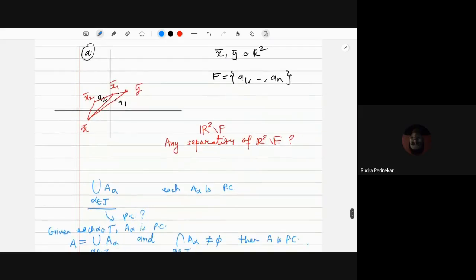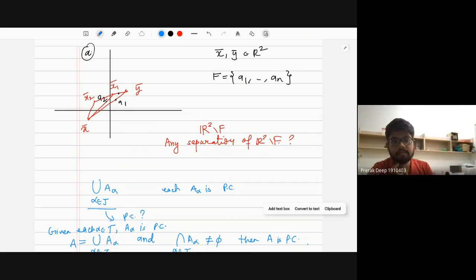Sir, but then the concentric circles will also be path connected. So what is the concentric circle? The union of concentric circles, that is what you are saying, right? So that will be just R2 minus 0.